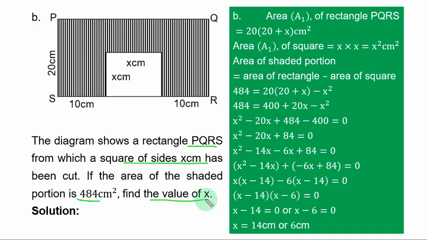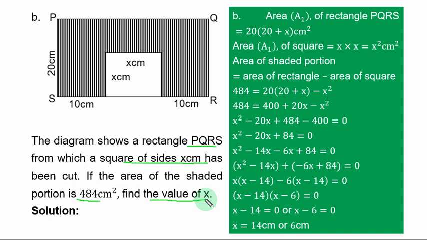So we have two figures here, a rectangle and a square. The shaded region is simply the area of the rectangle minus the area of the square. If we do that, we can get the value of s.